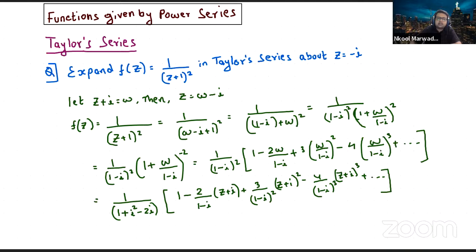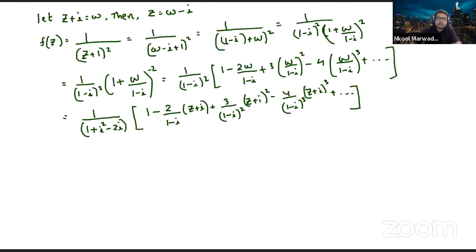Now you can see here i square is minus 1. We know that i square is minus 1. So plus 1 minus 1 will cancel and it will become minus 1 by 2i, minus of 1 upon 2. And we can simplify it further if I multiply and divide by i. Then in the denominator I will get i square, and i square is minus 1. So it will become plus 1 by 2i, or it will become i by 2.